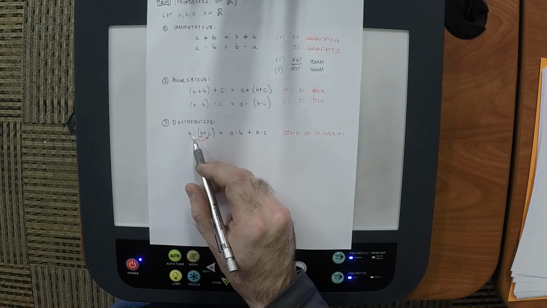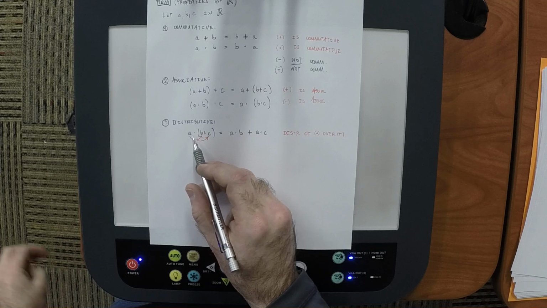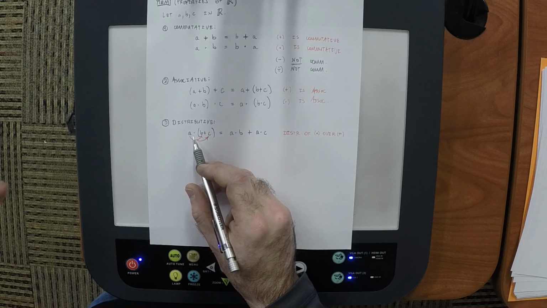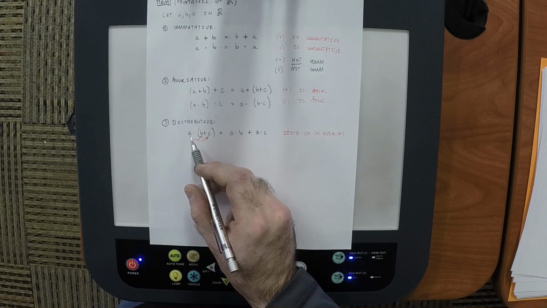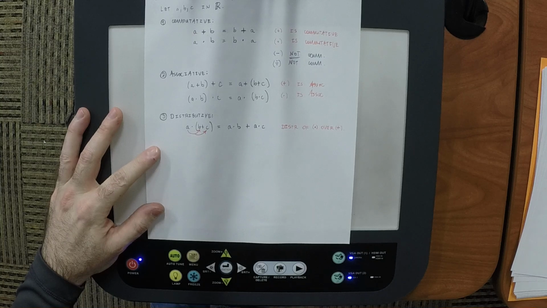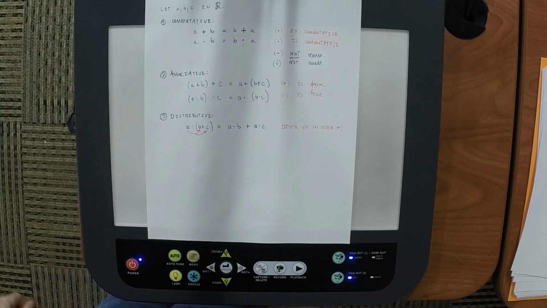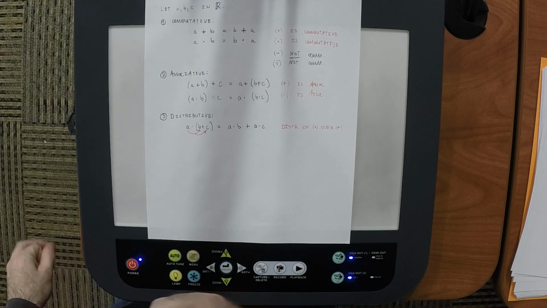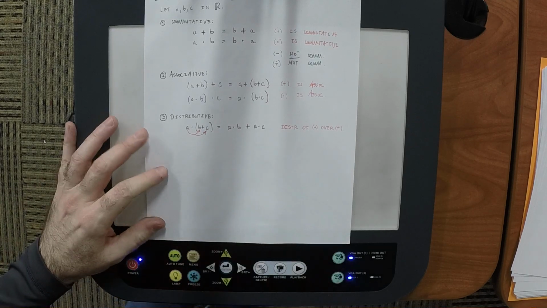And my life is easier the fewer mistakes you make, because grading correct answers is easier than grading incorrect answers. Now the other reason why I write the dot is that we're going to introduce another operation, and it has its own punctuation that usually isn't written. Specifically, we're going to introduce the exponent operation.